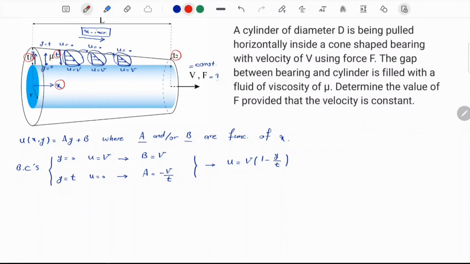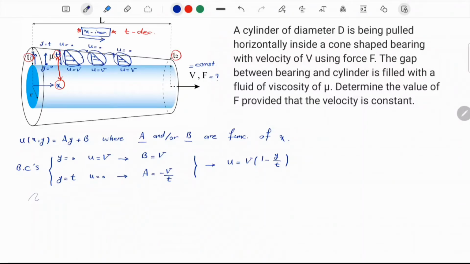You see that t is a function of x. As x increases, t decreases. And it can be observed from the figure that the relation between x and t is linear.